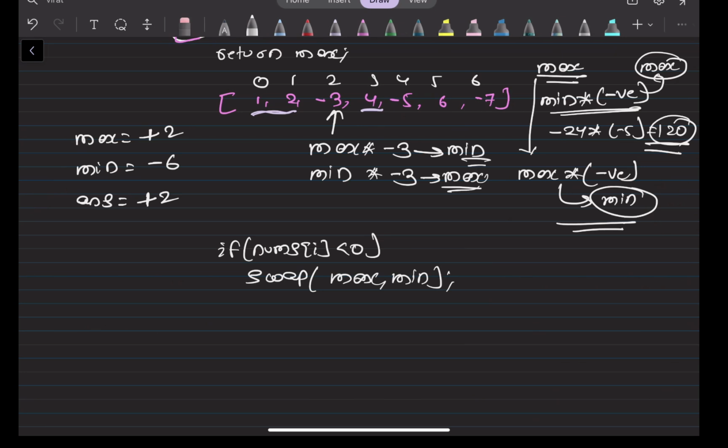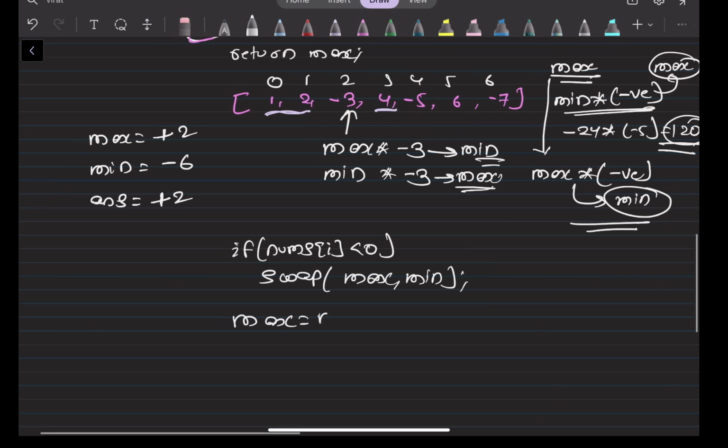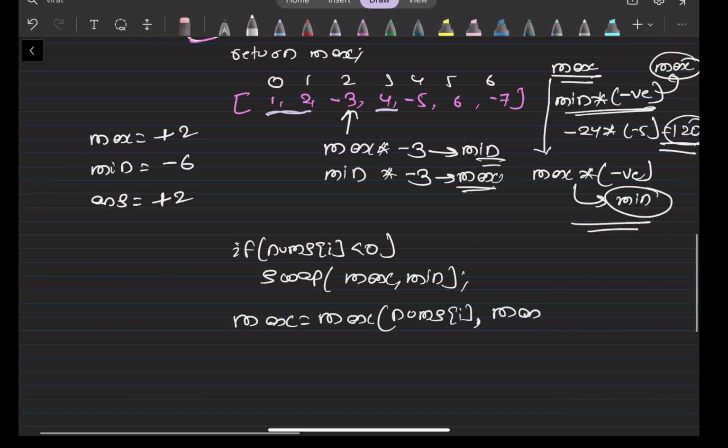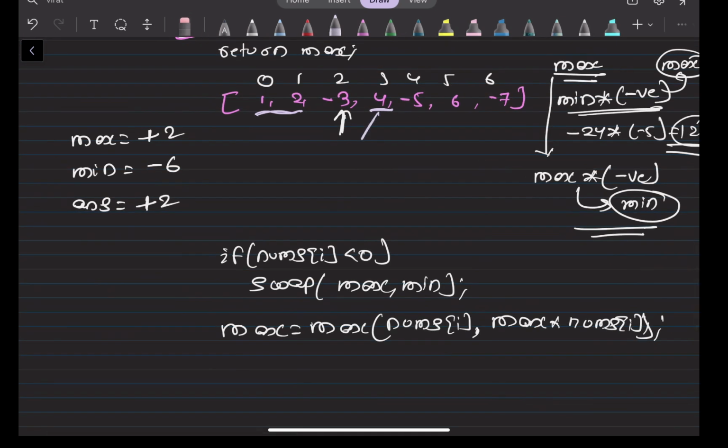Yes. Now, how do we move forward? We will calculate maximum by multiplying whatever my current num is, that is, we will take the max of nums of i and max into nums of i. If we do this, it will clear our problem here. When we were here at 4, what is my max now? My max is 2 and my current element is 4.